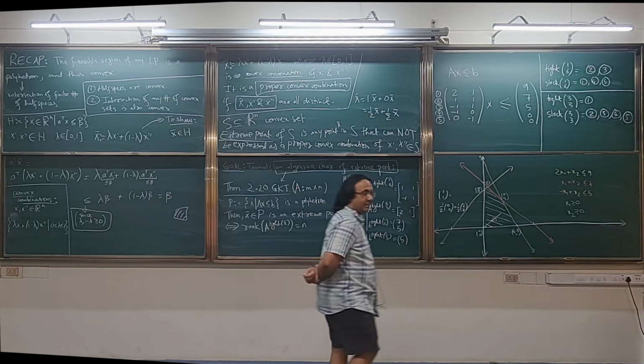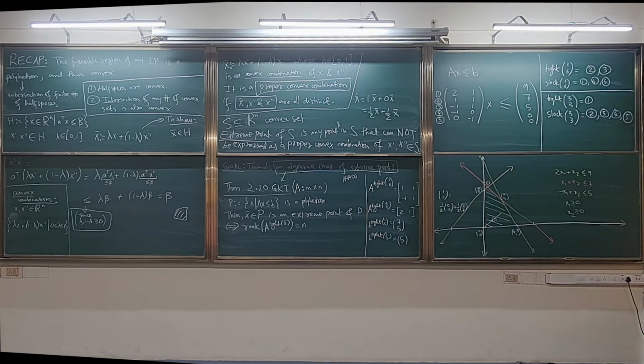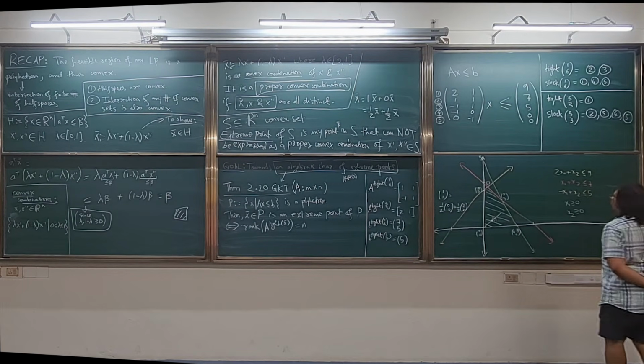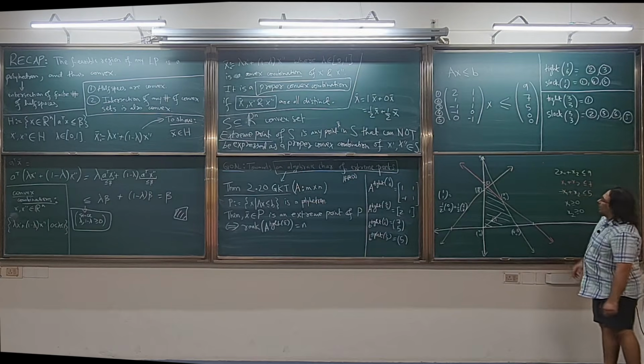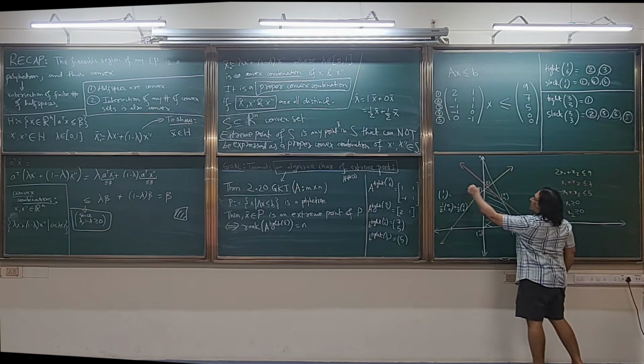I have a question. Yes. If there is another constraint like x2 less than or equal to 6, which is like cutting the point (1, 6), like this one. Okay.